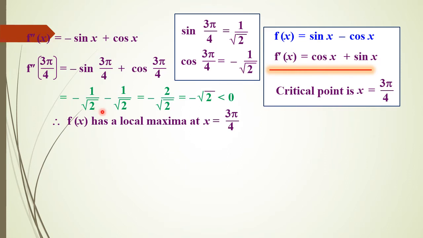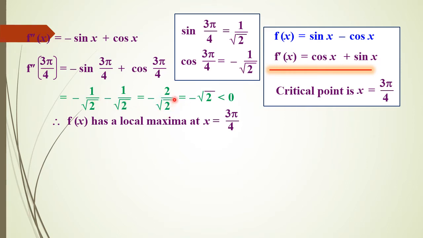Sin 3 pi by 4 is 1 divided by root 2. Now cos 3 pi by 4 can be written as minus 1 divided by root 2. After simplifying this, you will get minus 1 divided by root 2 minus 1 divided by root 2, which is minus 2 divided by root 2.